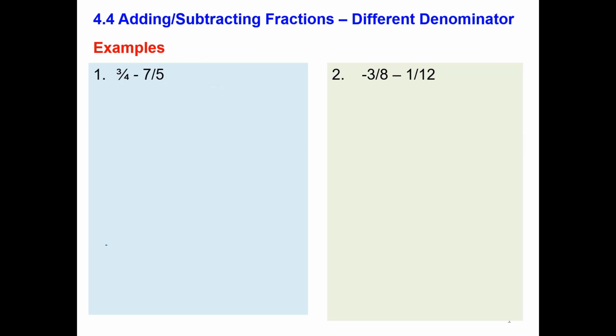In this example, we want to add the fractions with different denominators. Then step number 1 is we want to find the LCD of 4 and 5.